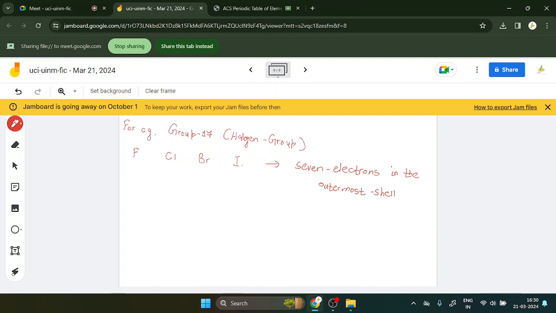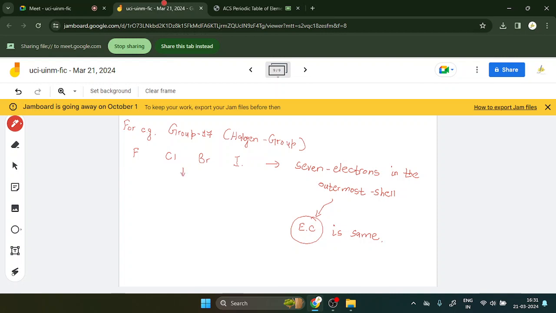Now what we can infer from this, since the electronic configuration is the same, is that their properties will either be similar or show some slight, gradual variation. So group 17 elements show similar properties.